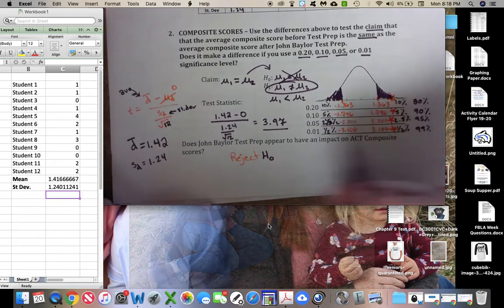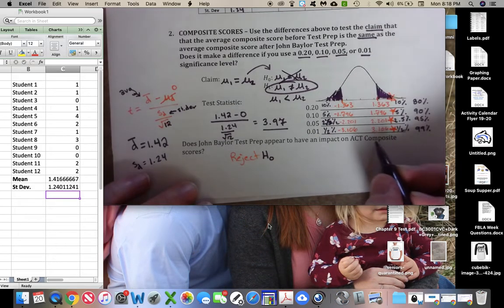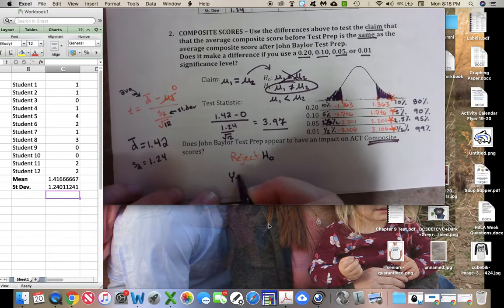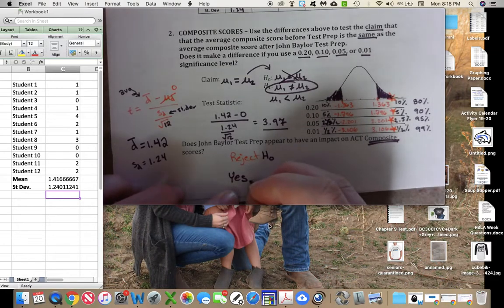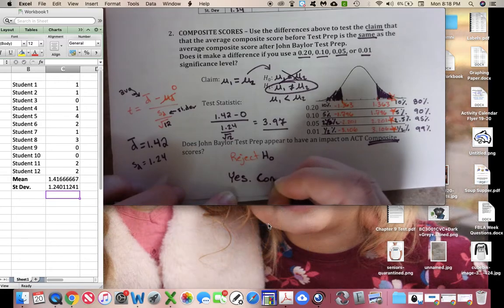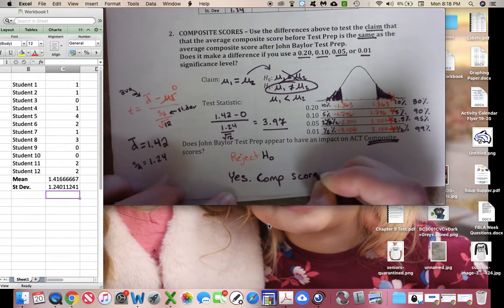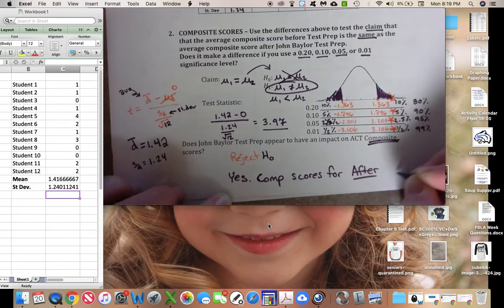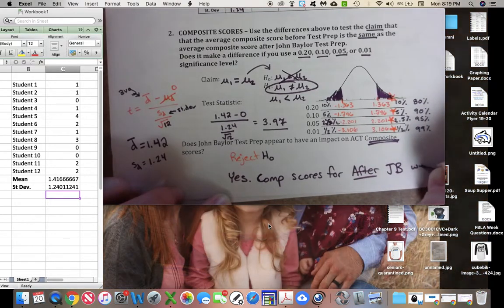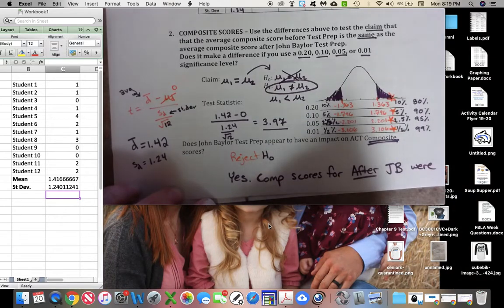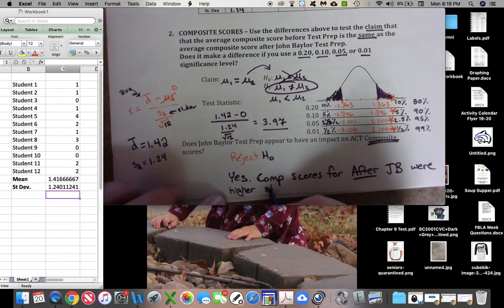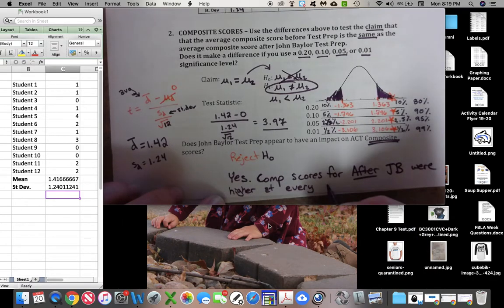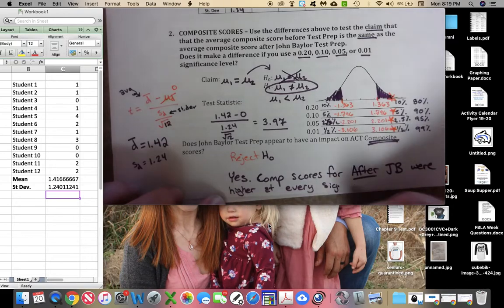Does John Baylor test prep appear to have an impact on ACT composite scores? Yes. Composite scores after John Baylor were higher at every significance level.